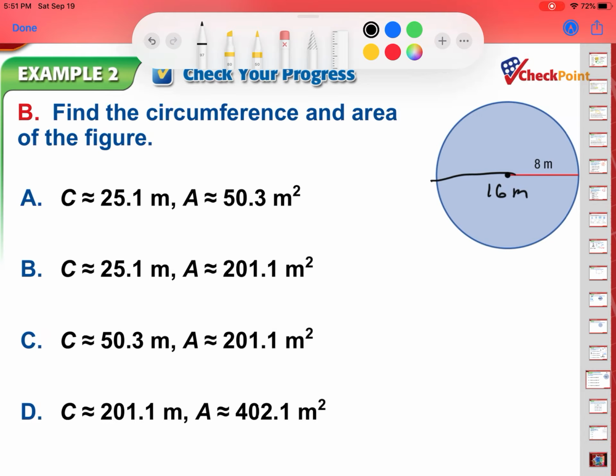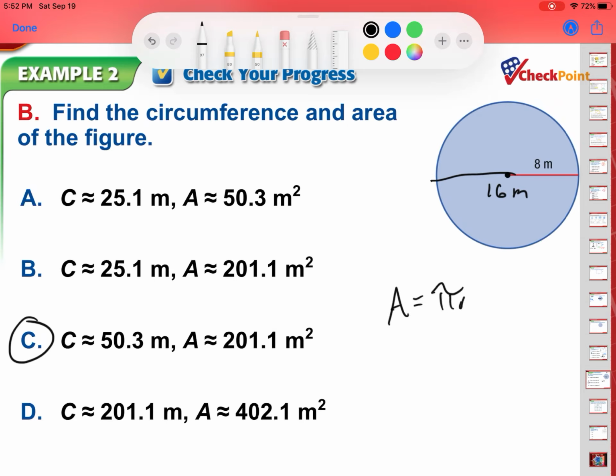So 16 times pi equals 50.26. So our only circumference that could possibly be is C, because if we round it to the tenth, it's 50.3.